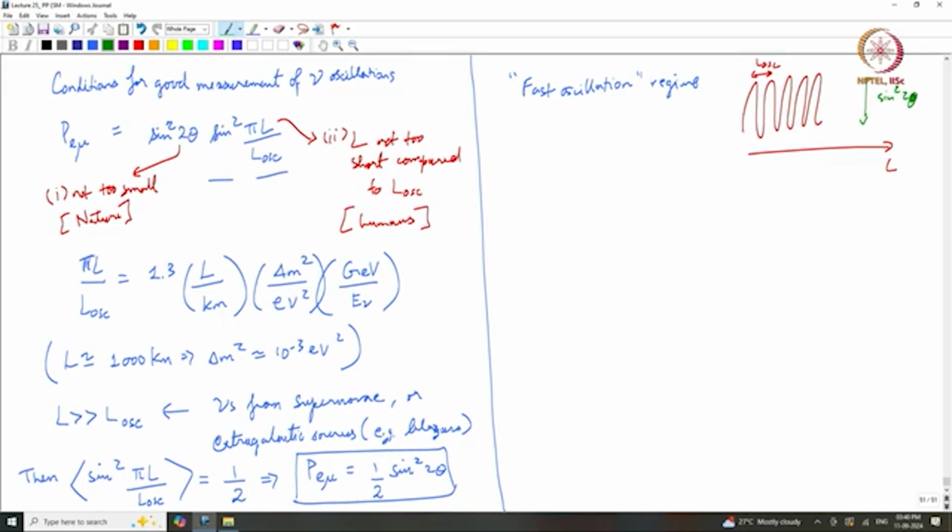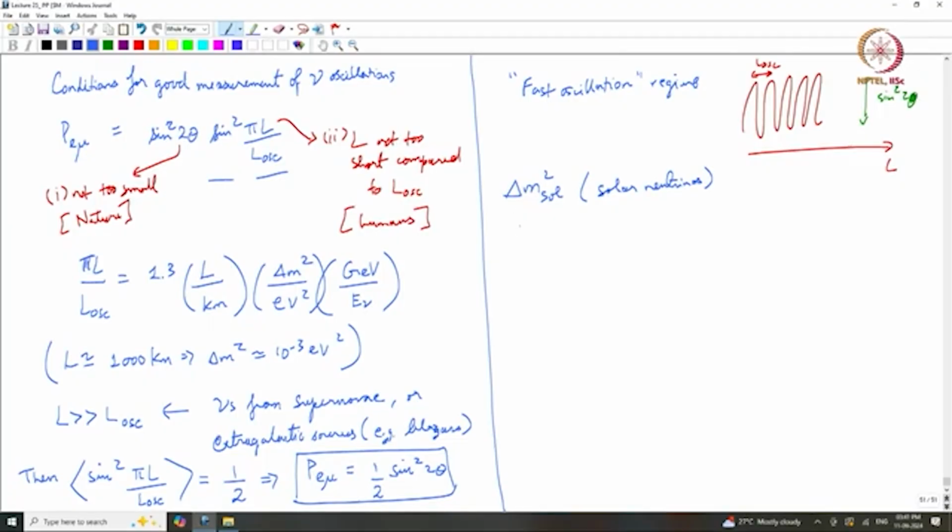Okay. The other delta m that we got, as I promised before, comes from solar neutrinos. Okay. And I am going to wrap up the lecture by introducing a problem.